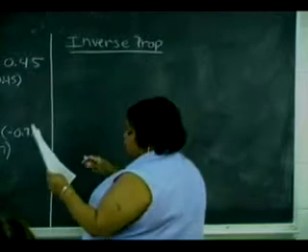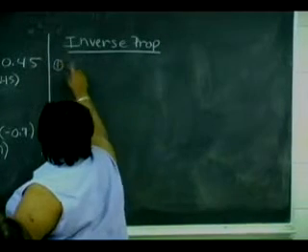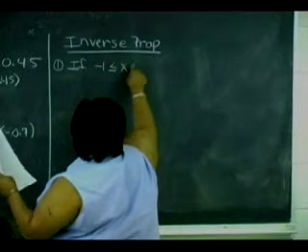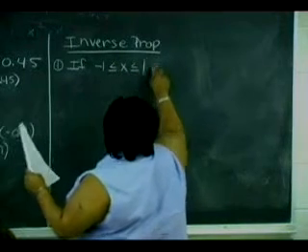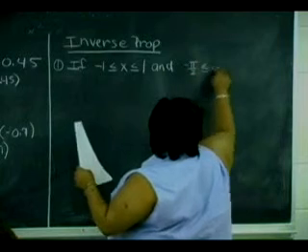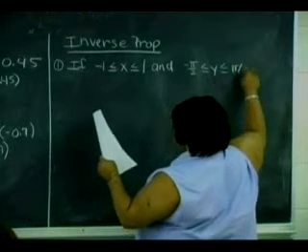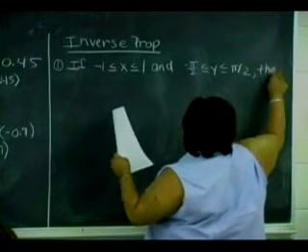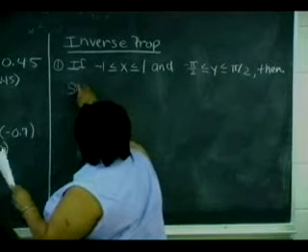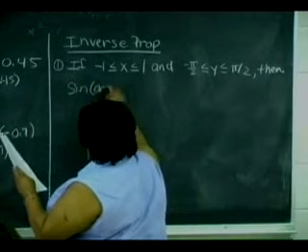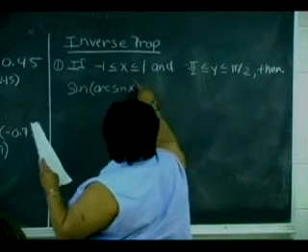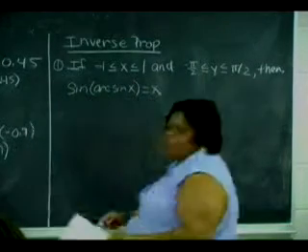Inverse properties. The first one states if x is between -1 and 1 and y is between -pi/2 and pi/2, then if we put sine next to arc sine, then we'll get x back.